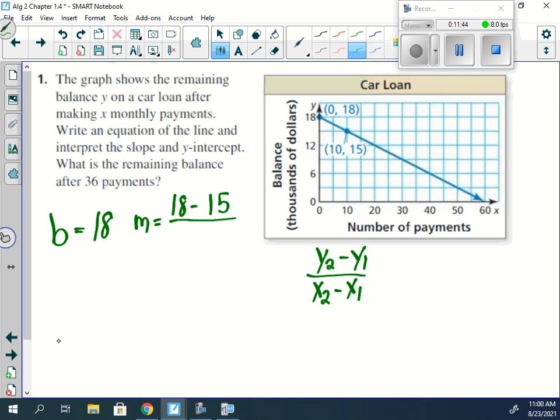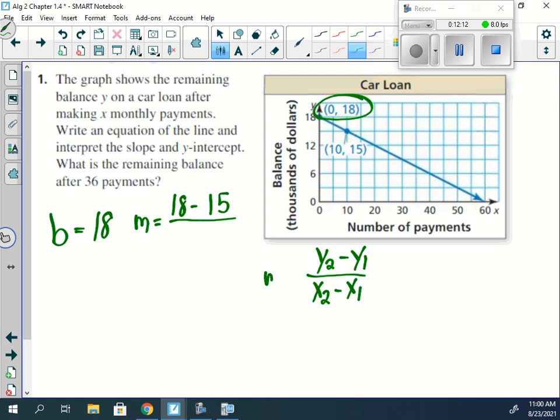So it intersects the y-axis. And the x value of the y-intercept will always be what? 0. Because where it crosses the y-axis, the value of x at the y-intercept will always be 0. So if we're given a point where the value of x is 0, the value of y will be our y-intercept. It will be that value of b every single time.